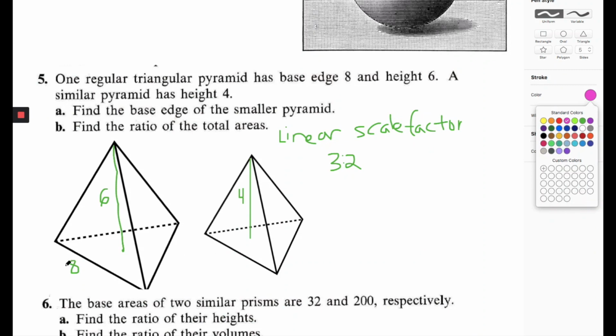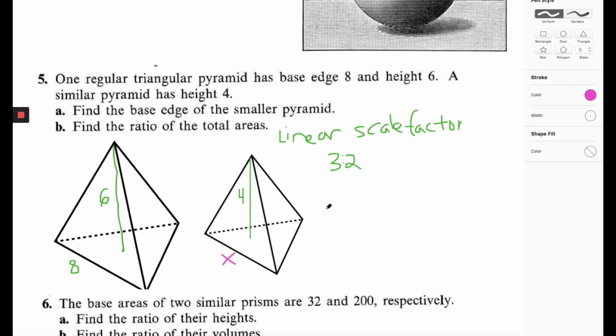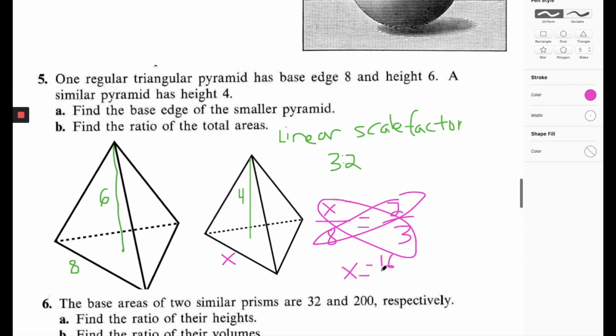The edges of the bases need to be in a 3 to 2 ratio as well. So the way I'm going to do that is I'm going to use a little cross multiplication here. So I'm going to do x over 8 equals 2 to 3, because x to 8 needs to be in a 2 to 3 ratio with x. And then here, cross multiply, I get 16 here, I get 3x here. So x is going to equal 16 over 3.